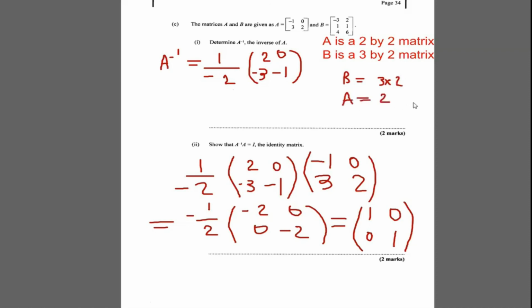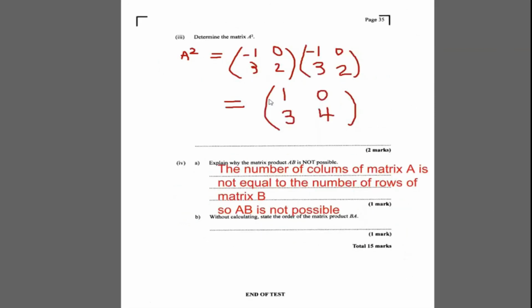And so this is possible because the number of columns of B is equal to the number of rows of A. Then the result is going to be a 3 by 2. So BA is a 3 by 2 matrix.